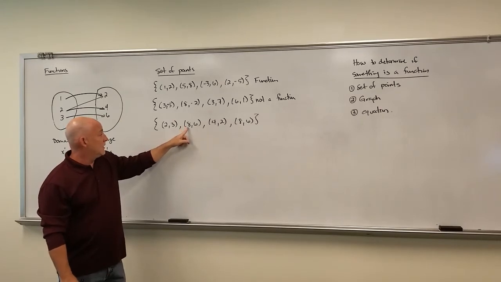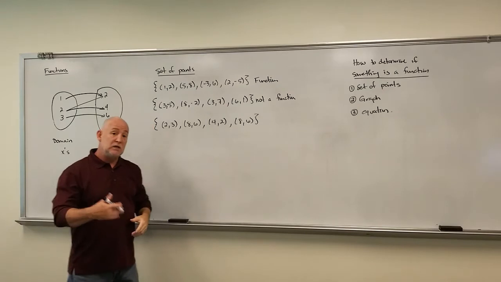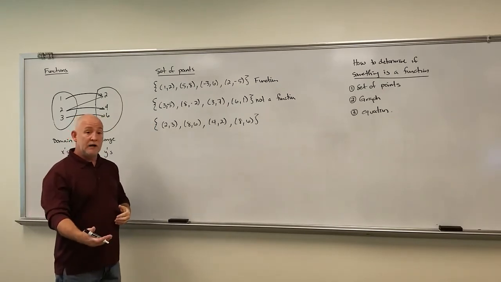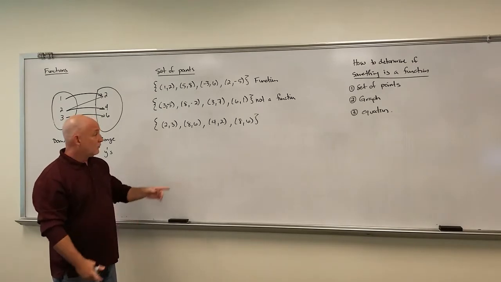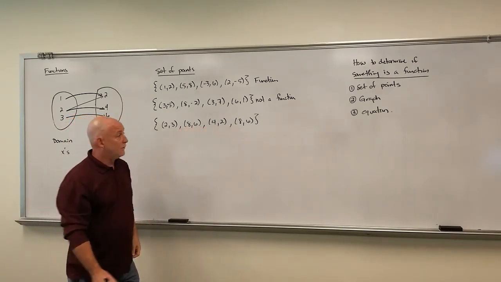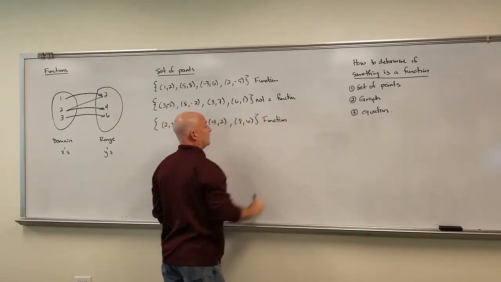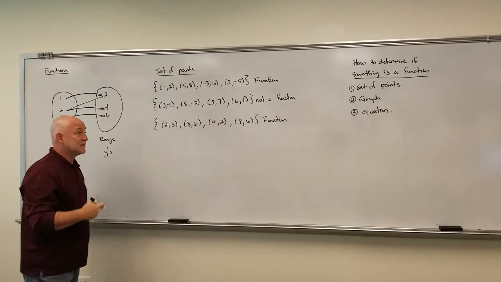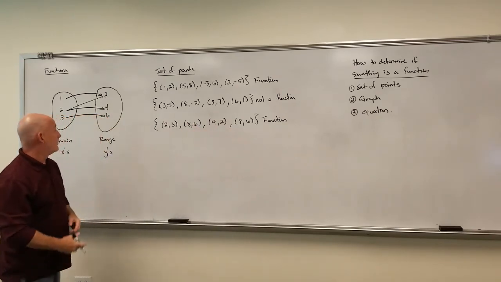We plugged in an 8, we got out a 6, plugged in an 8, we got out a 6. The machine still only gave us one y value when we plugged in that x value. It's just doing the same thing over and over again. So as long as the x and y value are the same, this is still a function. So be careful, just because you see a repeated x value does not mean it's not a function. It has to have a different y value with it also.